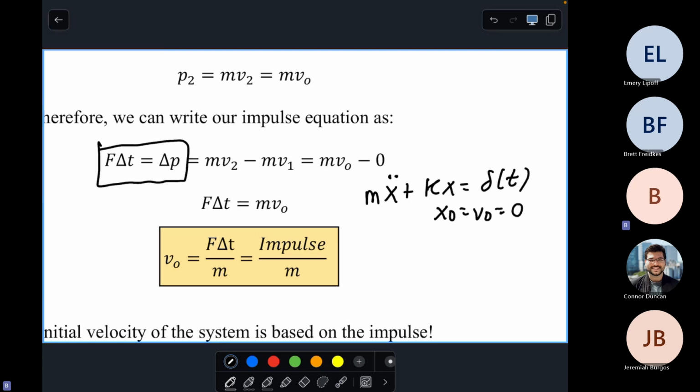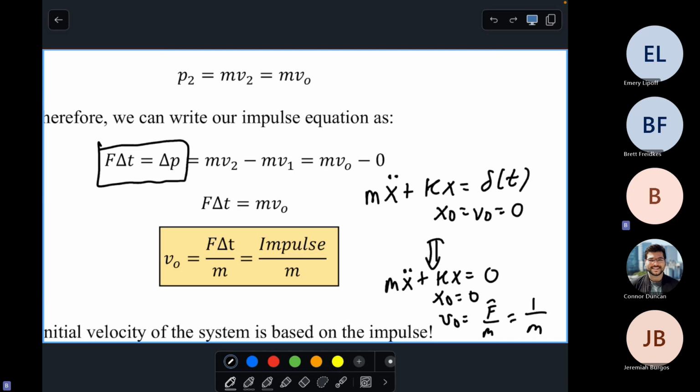I strike it with a hammer, it starts to move. This whole thing is equivalent to m x double dot plus kx is equal to 0, except this time we have this velocity, which is f hat over m, where f hat is 1 for Dirac-Delta specifically. Like for this problem, I said it was Dirac-Delta.